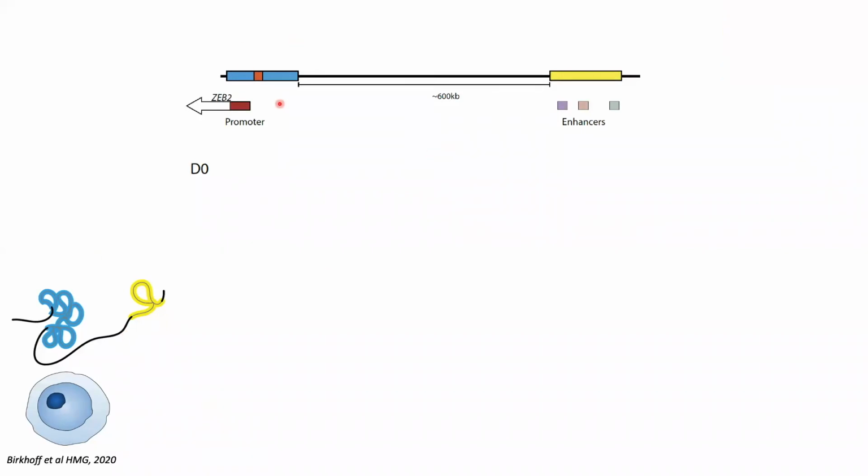We found that, with the ZEP2 gene here, there are 3 elements that we call enhancers, because they enhance the transcription of a gene, located 600,000 base pairs upstream of the ZEP2 gene. At day zero of differentiation, when the cell is still a stem cell, these regions are kept aside.